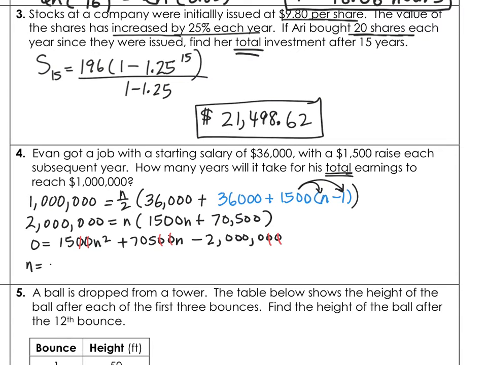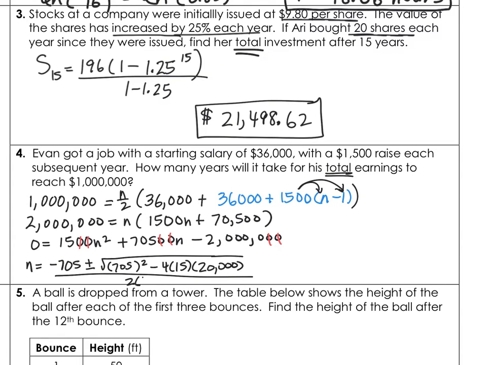So this would be negative, actually, you know what? I think I did it without it, but negative 705 plus or minus, because it's negative b, plus or minus the square root of b squared minus 4 times a times c, all over 2 times a, and I ended up getting n to be about 19.92, but whatever, and that means about 20 years.